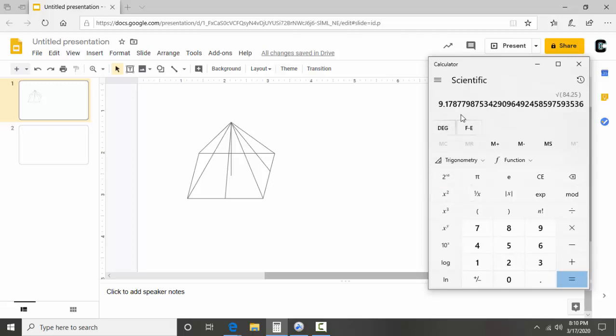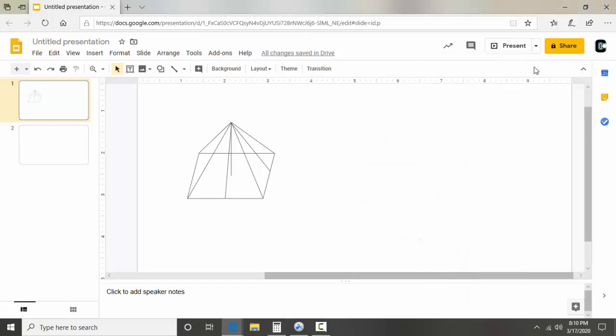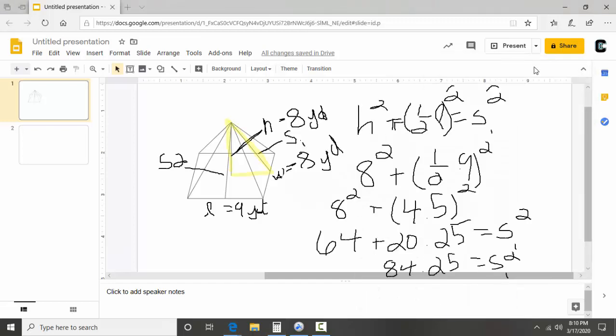Big decimal now, right? 9.18. 9.18 is what I end up getting. So my S1 is approximately 9.18 yards. Okay?